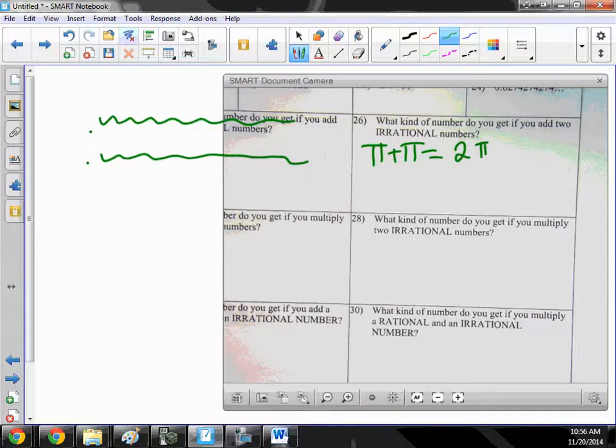Is there any way to get rid of all of those decimals using addition or subtraction? How would you do it using subtraction? You could get 0. What if these 2 numbers are exactly the same and I subtract? So what about pi minus pi? Is 0 rational or irrational? Rational. So the answer here is you either get a Q or you get an I.